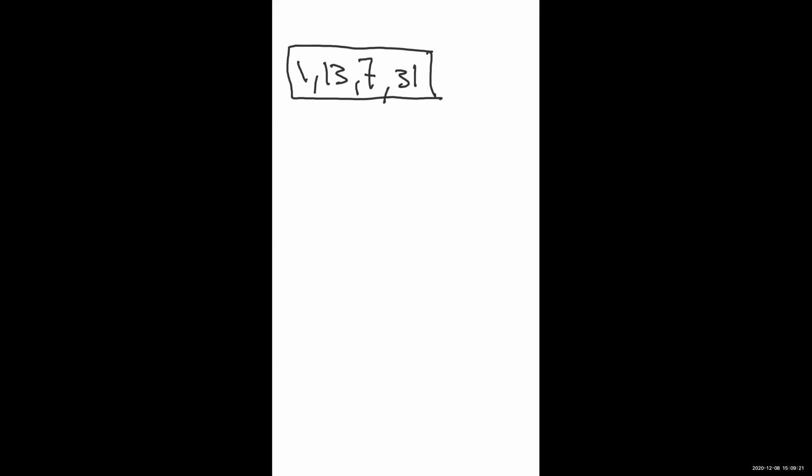So this means the first number will be 1 plus x. I will assume that this number is x. So 1 plus x over 13 plus x equals 7 plus x over 31 plus x.